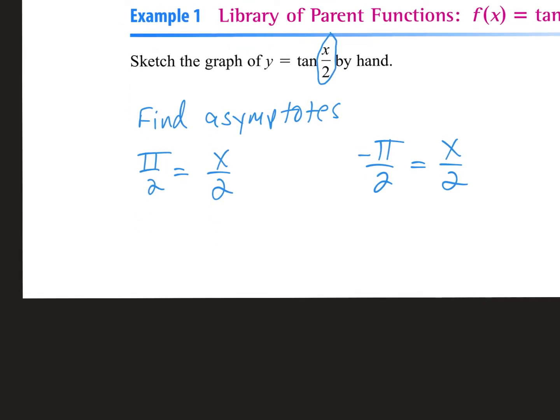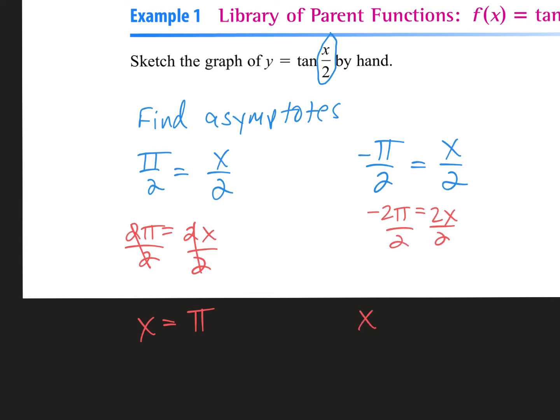So if we're going to solve this teeny tiny little equation, you guys agree with me we can cross multiply? So I get 2 pi equals 2x. Divide both sides by 2, and x equals what? Okay, one of my asymptotes is at pi. Same thing on this side: negative 2 pi equals 2x, divide by 2, and I get another asymptote at where? Negative pi. Okay.